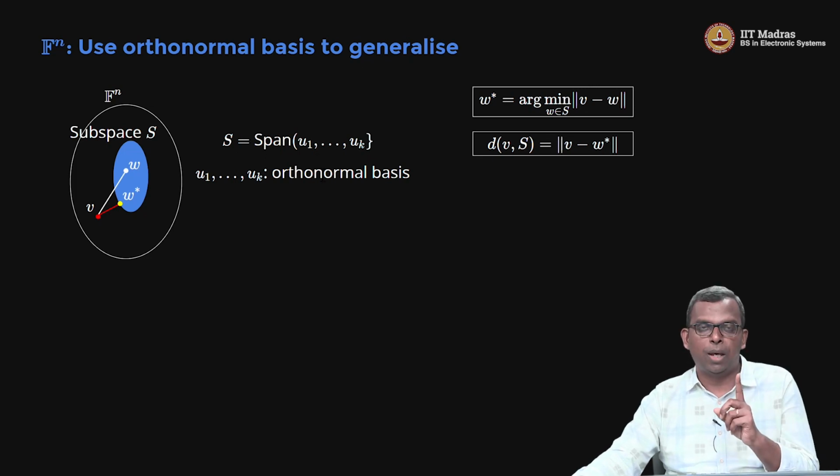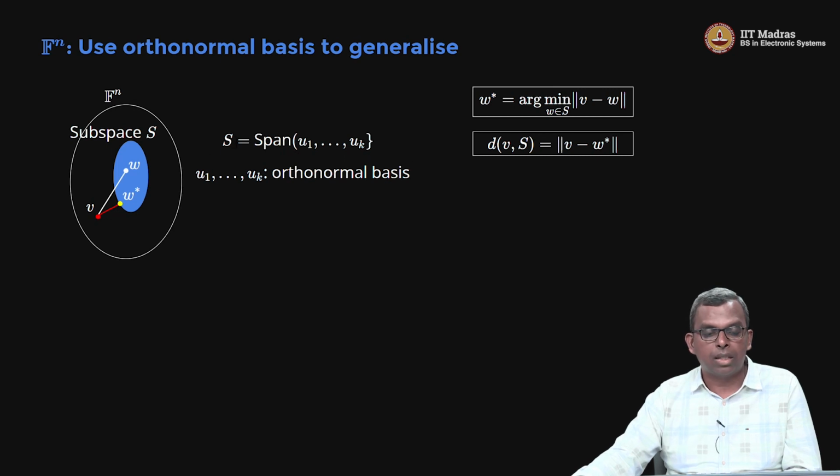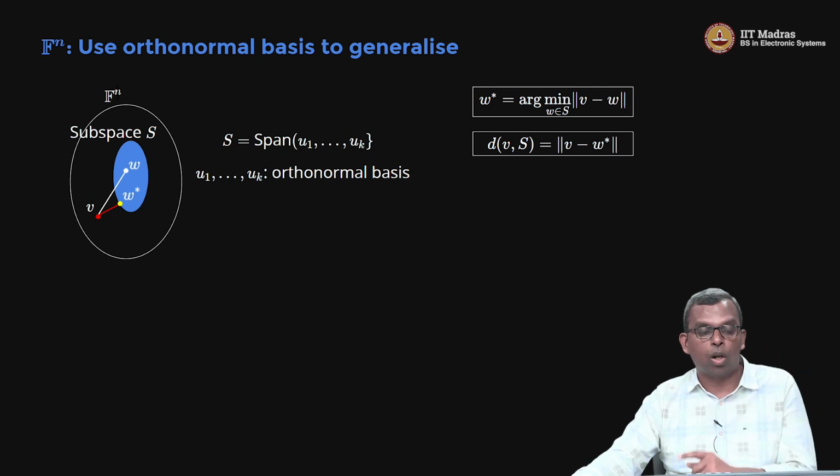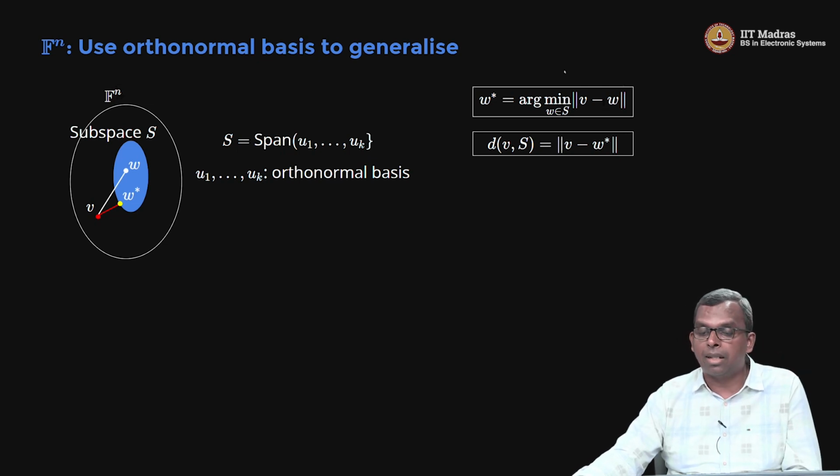That is important. Okay, so I know every subspace has an orthonormal basis. So this subspace is of dimension k, isn't it? It has got an orthonormal basis u1 to uk, which means dimension is k, and I have a k dimensional subspace in an n dimensional overall vector space, and I'm asking for this problem out of all w in the subspace, which is closest to a vector v, and I have my answer as w star, and I'm going to use an orthonormal basis to specify S.